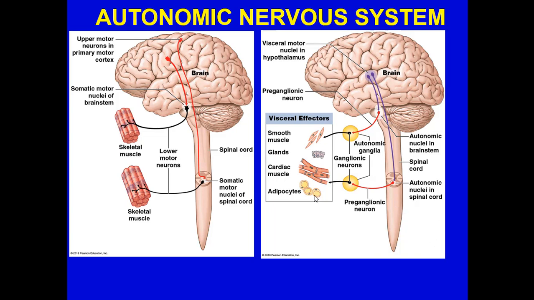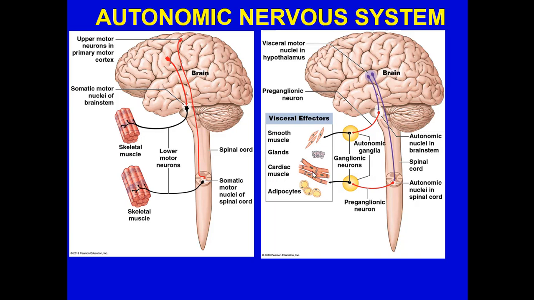and will initiate actions. Some of them will have to go through a preganglionic neuron and then from there to a ganglionic neuron, and they will affect smooth muscles such as those in the urinary system, respiratory system, the walls of the blood vessels, the digestive system, etc., the glands, salivary glands, the pancreas, other types of glands that exist in the digestive system, or the adrenal glands.